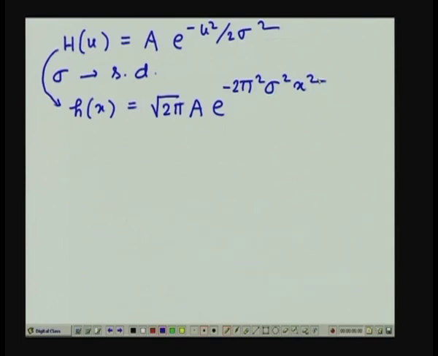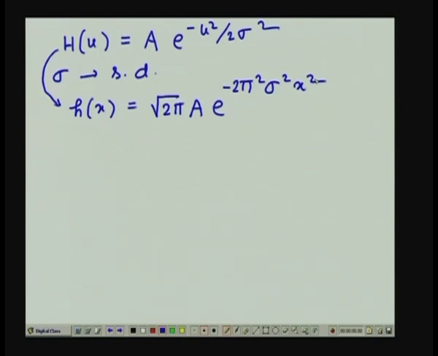Now, if you analyze these two functions, H(u) in the frequency domain and H(x) in the spatial domain, you find that both these functions are Gaussian as well as real.